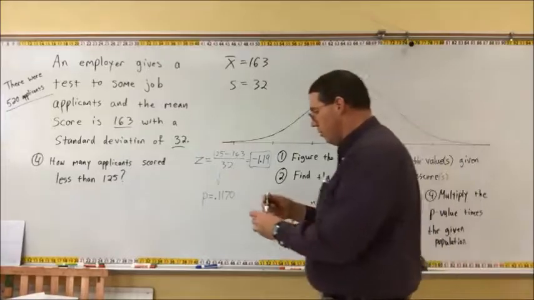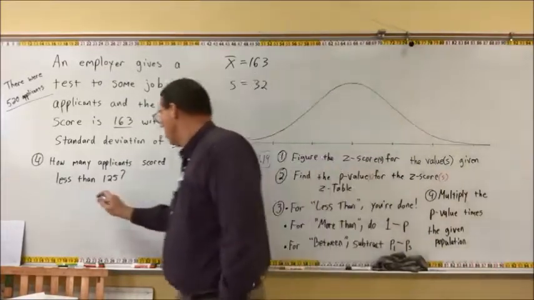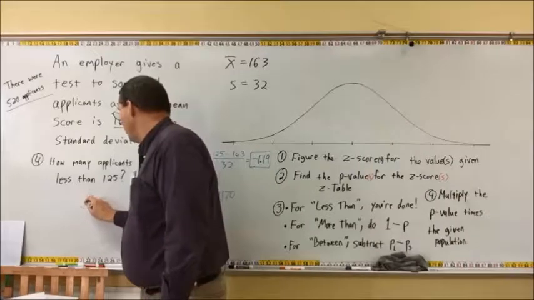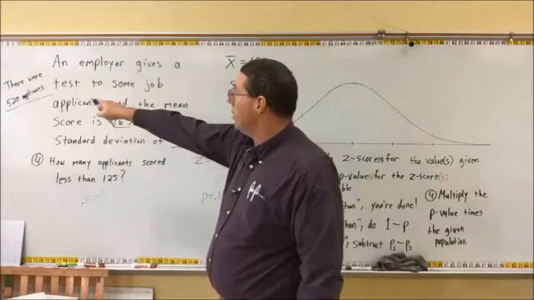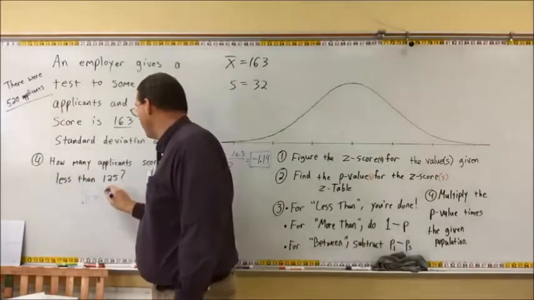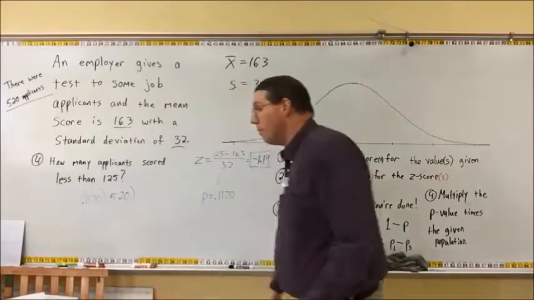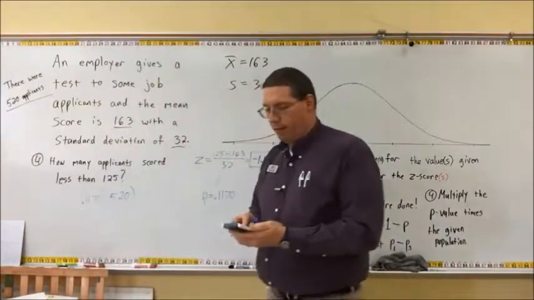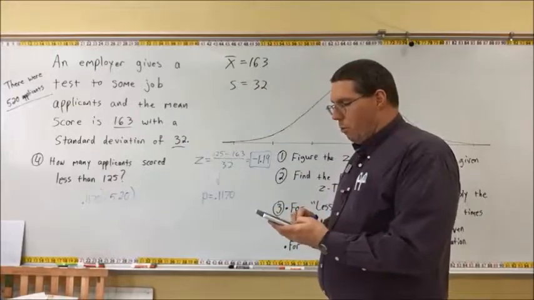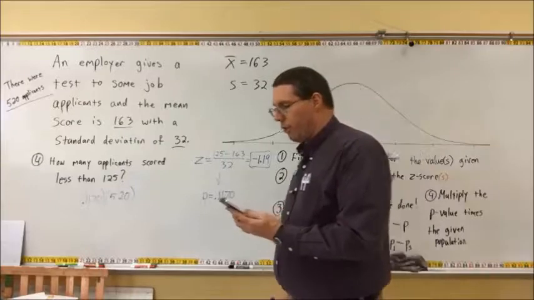So multiply the p-value times the given population. So our p-value is 0.1170, and we're going to multiply that by the population. It says there were 520 applicants, so we're going to multiply that by 520, and then we probably have to round the answer. You don't always have to round it, but a lot of times you do. So 0.1170 times 520, and sure enough, we have to round it.